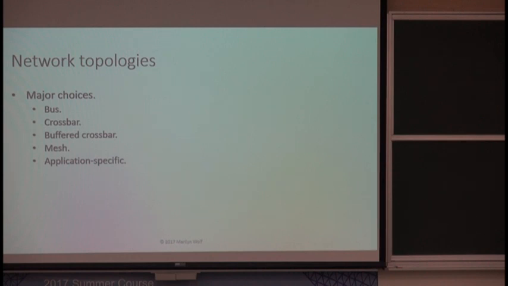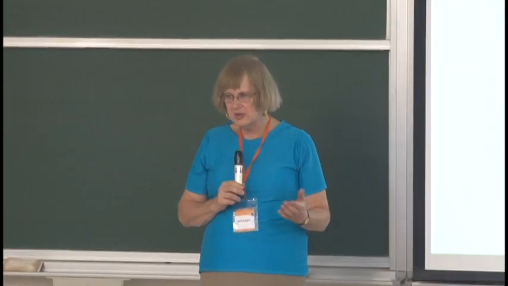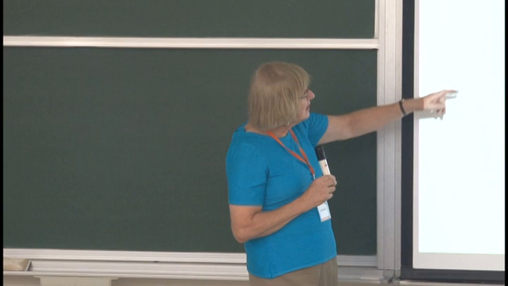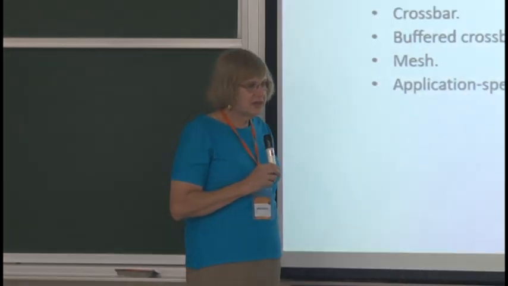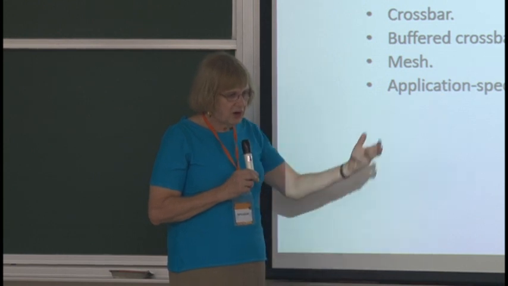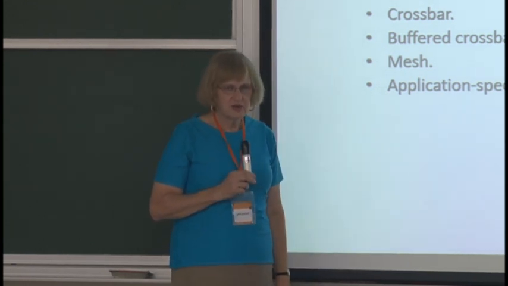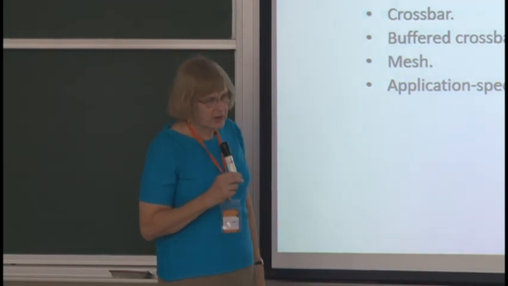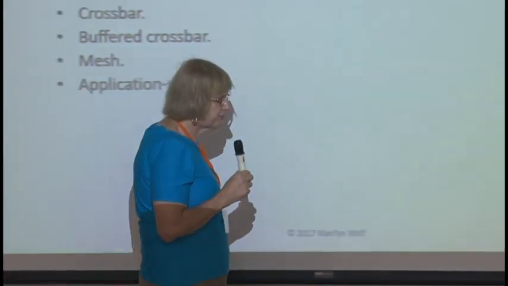So that means if we need to do n transfers, it's going to take n cycles. A crossbar is the exact opposite. It allows you to do arbitrary combinations of the inputs and outputs. How do you make a crossbar?